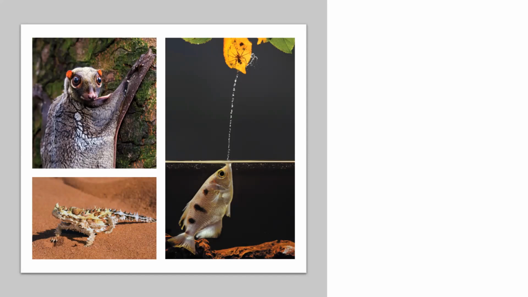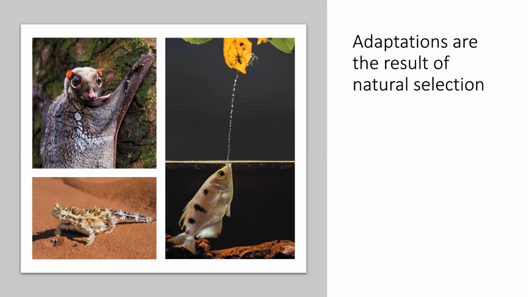In the previous video, we saw how 4 processes can cause evolutionary change. Remember the 4 evolutionary forces? Among them, only natural selection can result in adaptive evolution, meaning selection makes populations better suited to their environments.